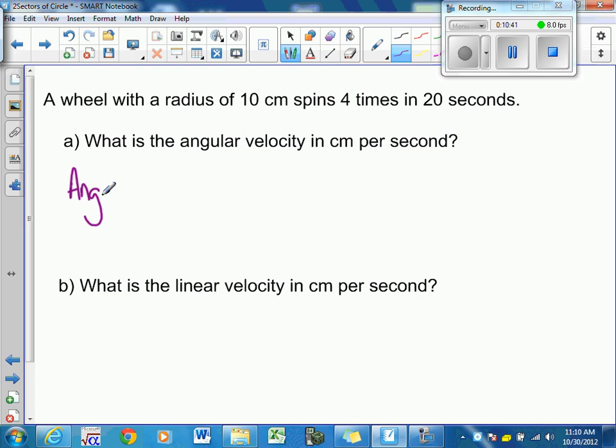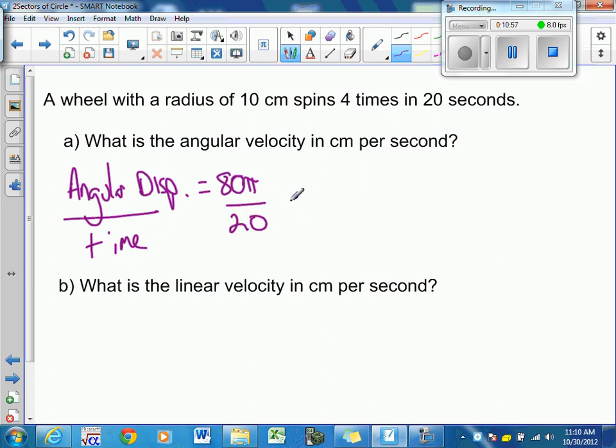Now, we divide that by our time of 20 seconds, and we get 4 pi centimeters per second. I'm sorry, I used the wrong number. Let's try it again. It's not 80 pi, it was 8 pi.